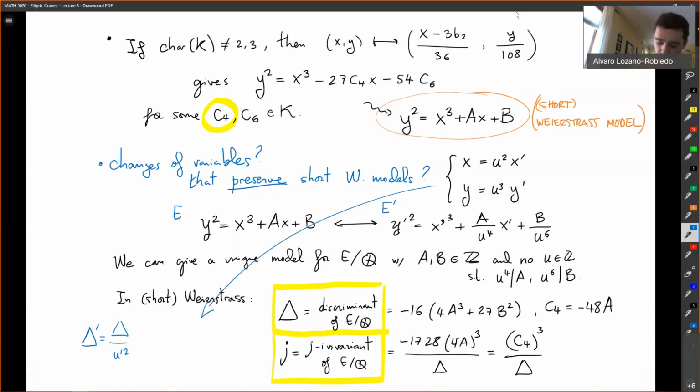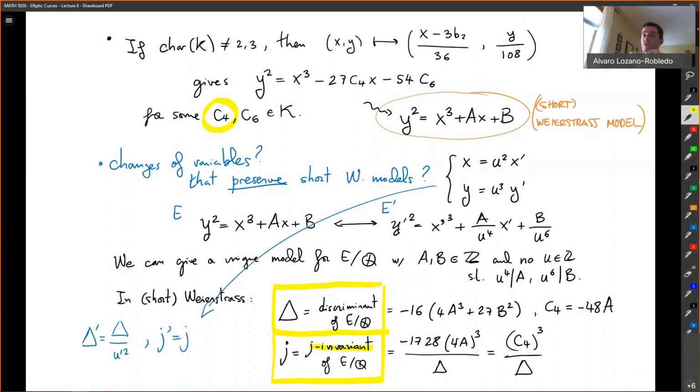Okay. It turns out that j prime equals j, therefore the name. You see the j is called the j-invariant, so something has to be invariant, and the invariance is that it doesn't matter what change of variables you do, the j will stay the same.